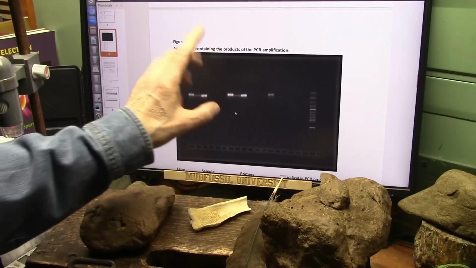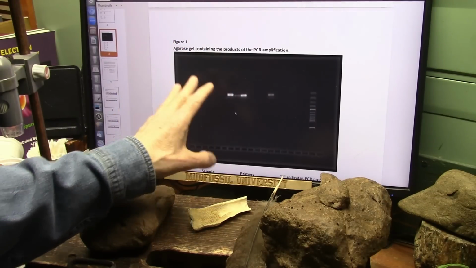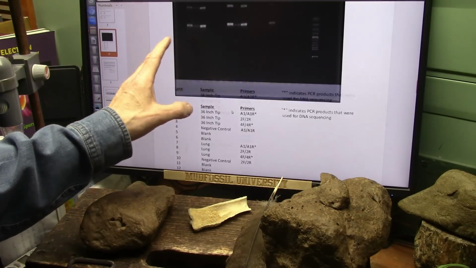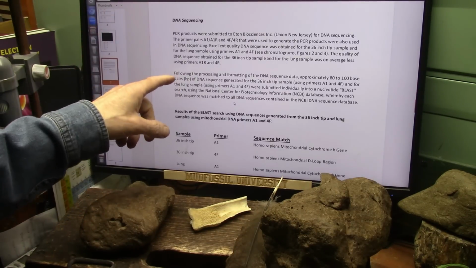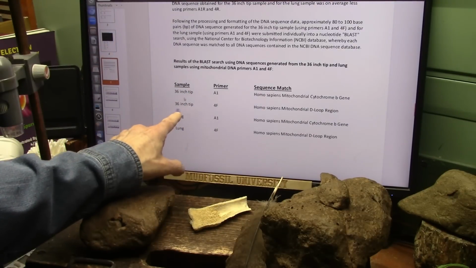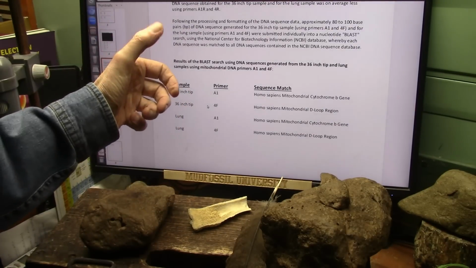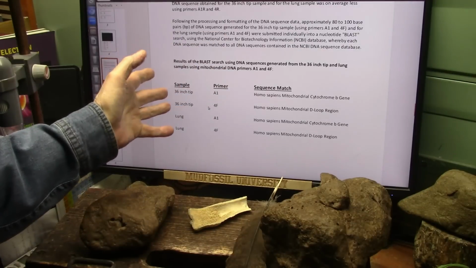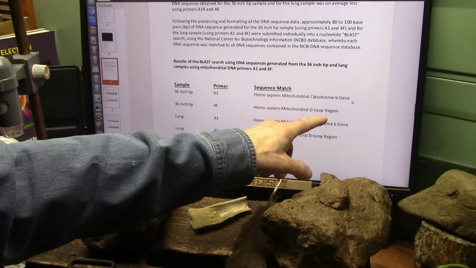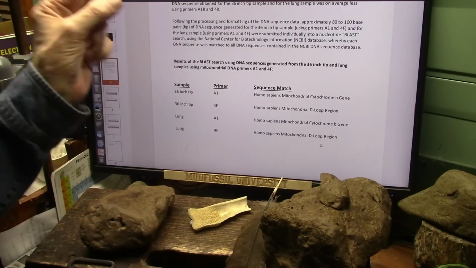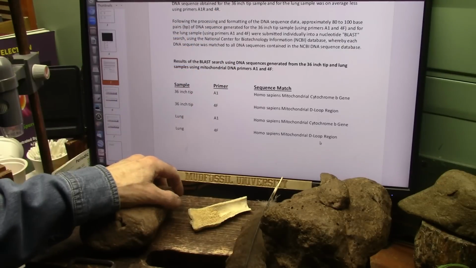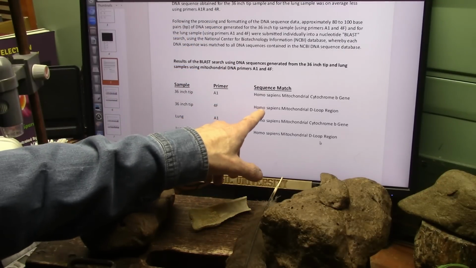There's two regions they tested for that if they match, there's no question it's human mitochondrial DNA, which is modern human, and it was. Both of the lung and the 36-inch tip, which is a huge, huge fingertip, they were just raw blood. Homo sapien mitochondrial, cytochrome B gene, and D loop region. You look those up and they say, yes, if you got those, you got a human being. And they're Homo sapien.